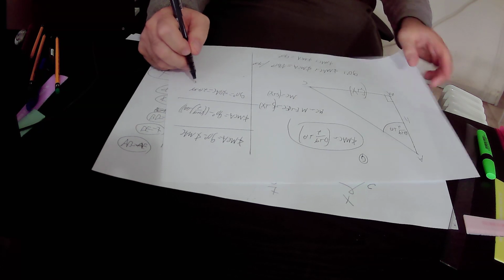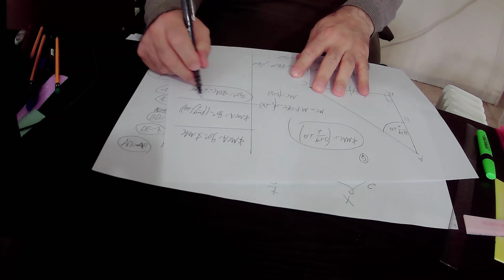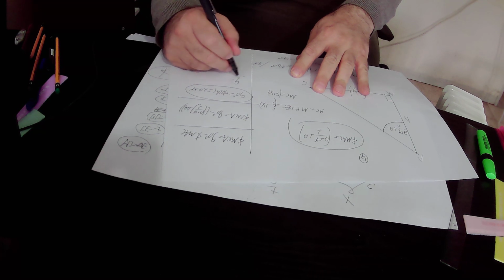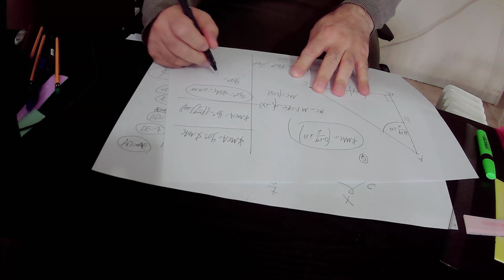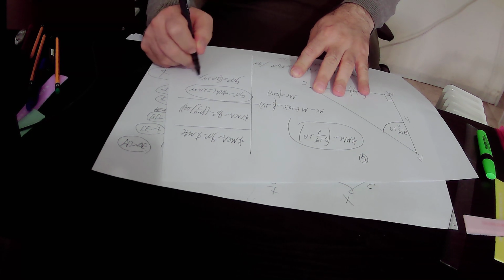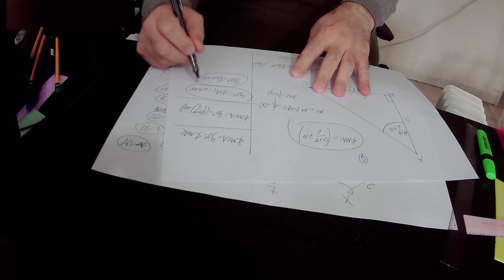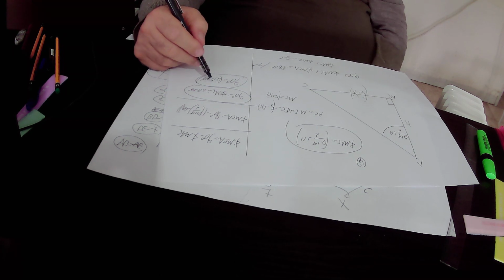From this equation we derive that 90 degrees equals 2 theta plus alpha. Therefore, we can substitute 90 degrees in this equation by 2 theta plus alpha.